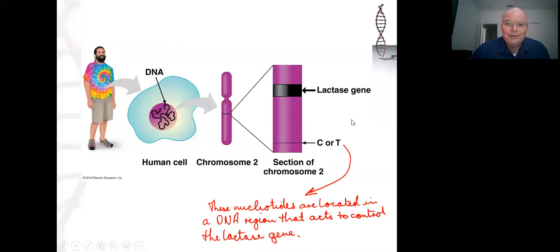So if you happen to be, well, it depends on how you want to look at it, fortunate enough to continue to produce lactase and you can enjoy milk and dairy to your heart's content, now you know why you can do that. Should you really be able to do that? Well, as a mammal, no. But as a human, because of our cultural traditions and the use of herding in some cultures, that has favored the appearance of this mutation, which has meant that for those of us who are lactase persistent, we can enjoy dairy products.